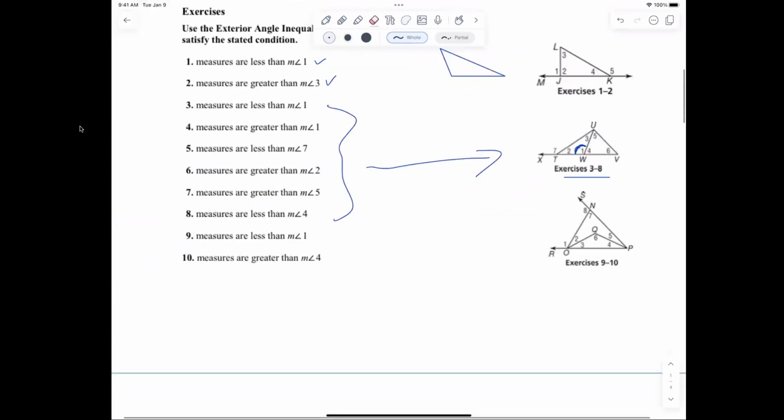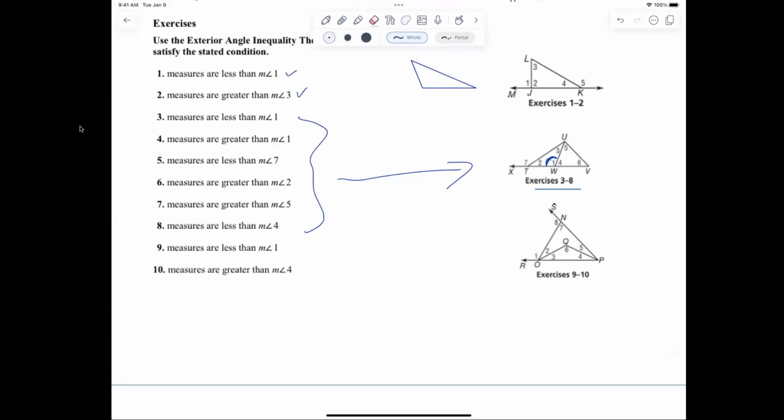All right, so here, let's go back. The measures that are less than angle 1 are what? Angle 5 and angle 6. We agree with that. Now, measures that we know for sure are greater than angle 1. I'm looking at angle 7, because 7 is the exterior angle for that.